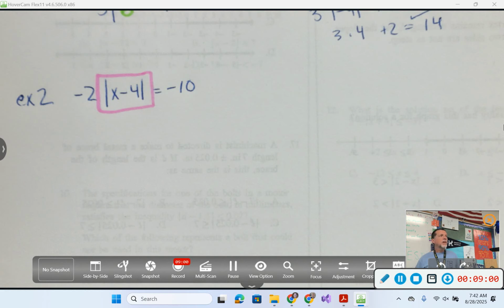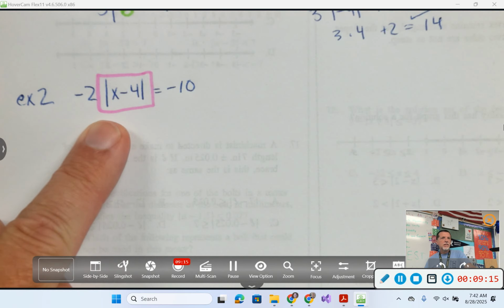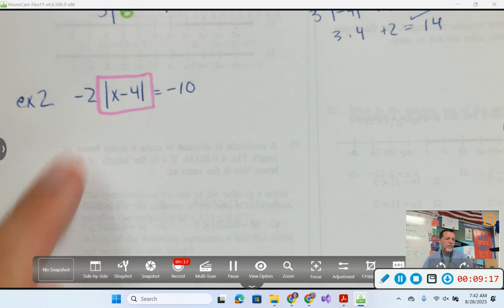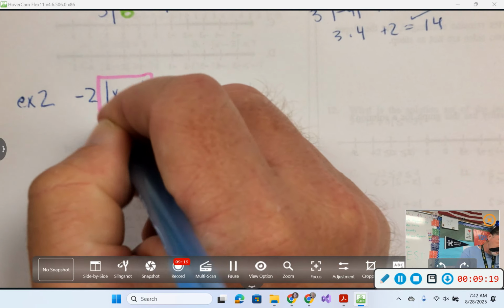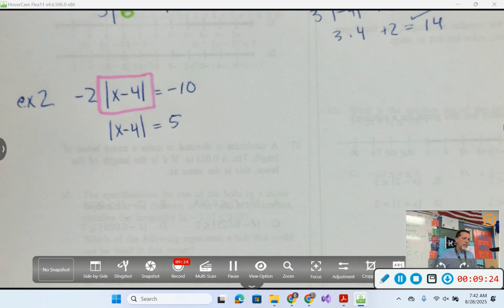People are eager, and I guess correct, to be looking ahead to splitting it up into the plus and minus. That's true, but you don't split it up until the absolute value thing is by itself. So what should we do first on this one? Yeah, let's divide by negative 2. So the absolute value of x minus 4 equals 5.